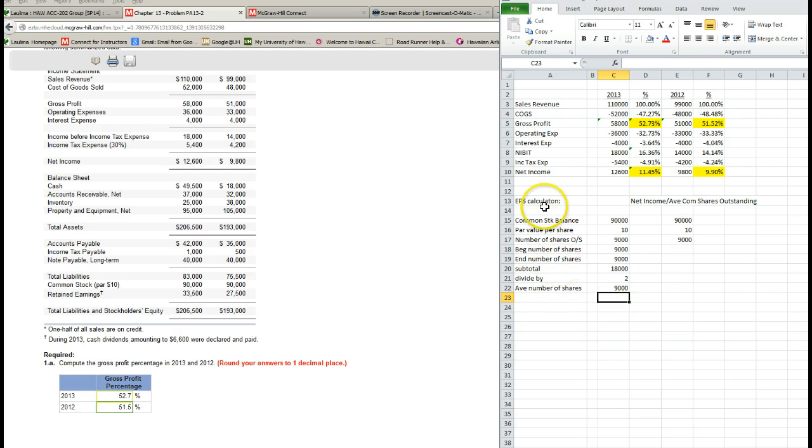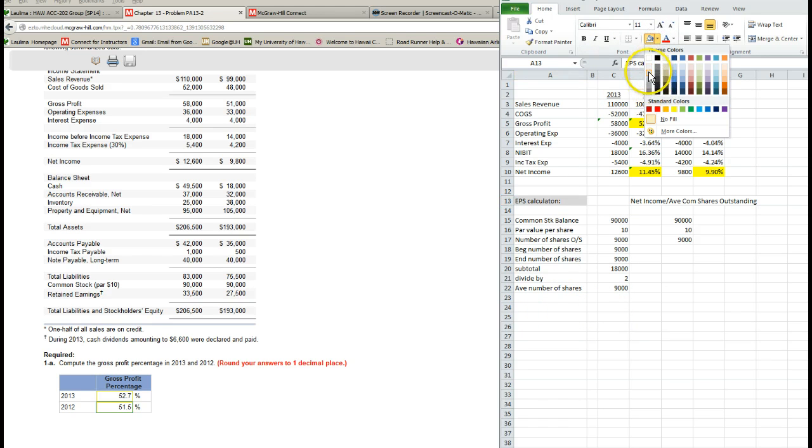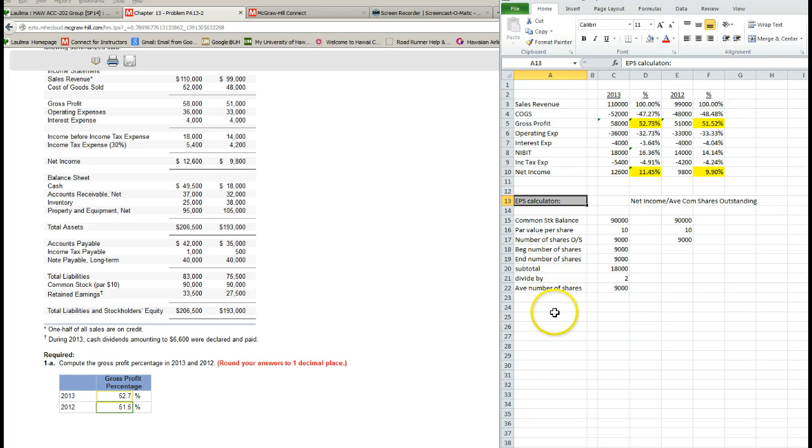And so to calculate our earnings per share, again, going back to the textbook definition on page 563, earnings per share is calculated by taking the net income and dividing by the average number of shares outstanding.